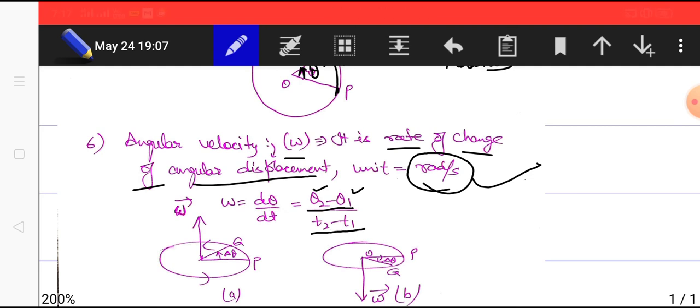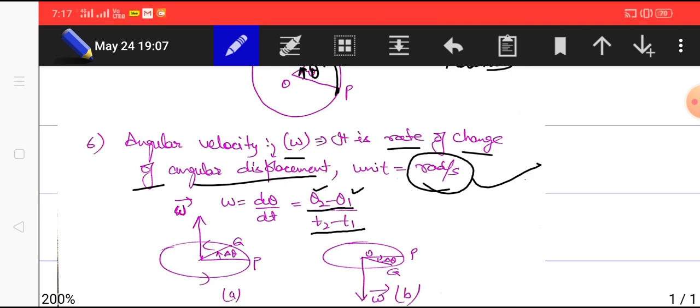So it is similar to linear velocity, where linear velocity is the change in displacement by time taken. Angular velocity is the change in angular displacement divided by time taken, or angular velocity omega is equal to d theta by dt.